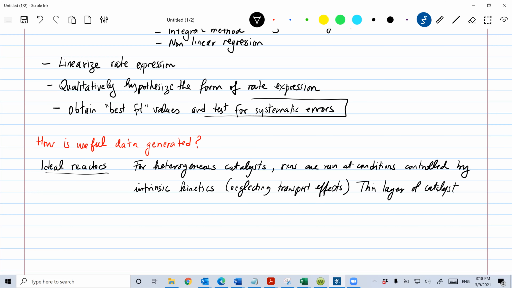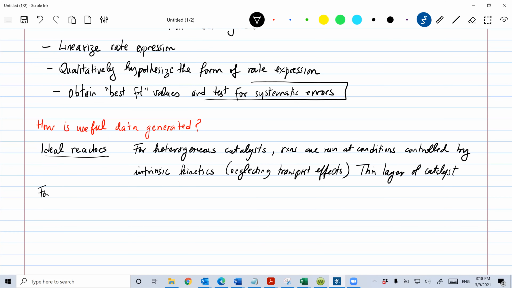And for most reactions, it is to operate isothermally or at low conversion.